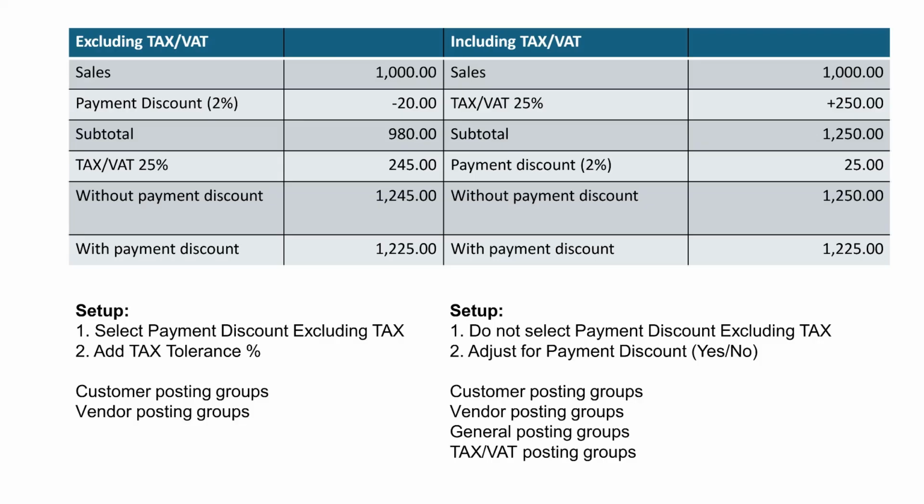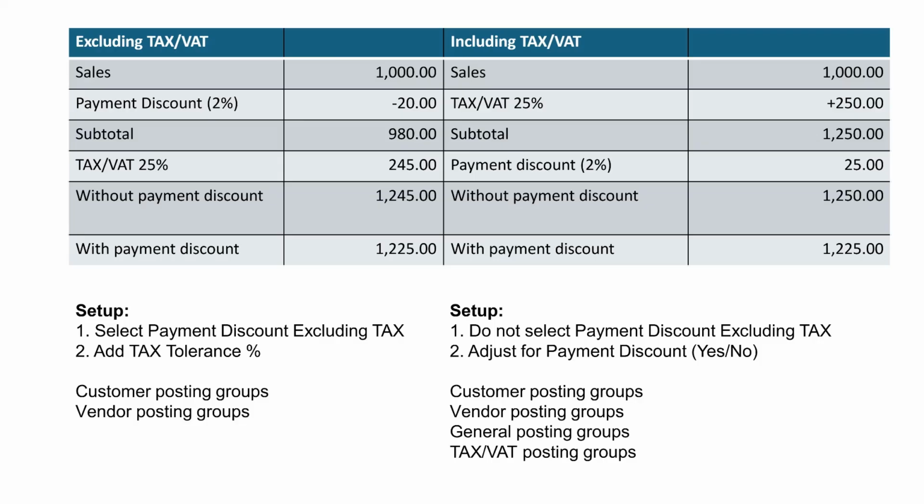In the first one, excluding tax, the sales is 1,000, and then we apply the 2% payment discount before any tax is added. So you can see we've added the payment discount, and now the subtotal is 980. Then with 25% tax, we've added 245, and then we have the different payments down below, one without the payment discount and one with the payment discount.